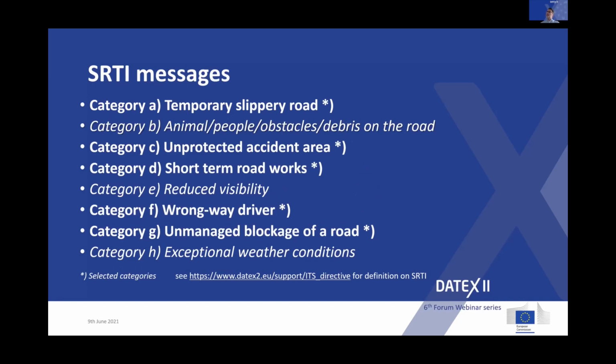Some of these were made by simulating them using an app, and some were actually conducted with real equipment installed in a car. I'm going to show those two where we have installed equipment in a car: one using the temporary slippery road, and the other one for the wrong way driver.